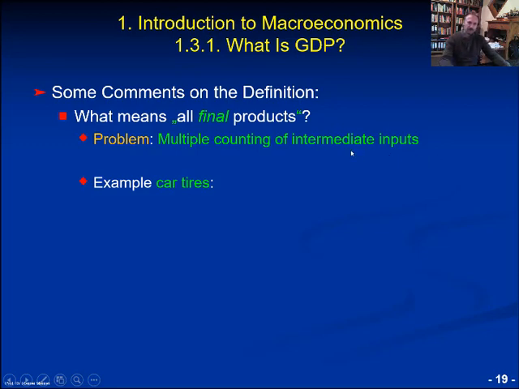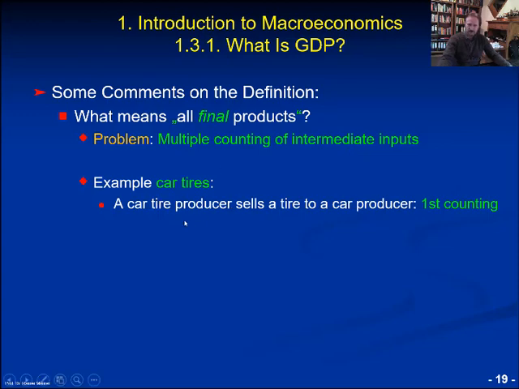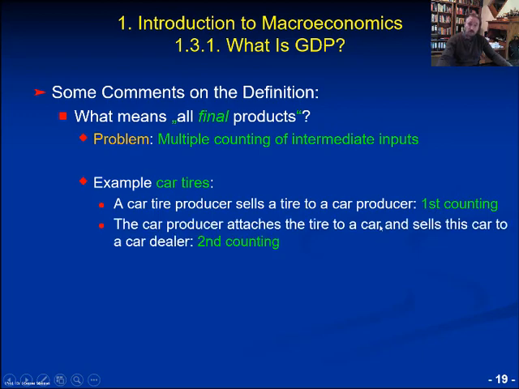To make a simple example, let's assume the production of car tires. So car tires are produced by a car tire producer. Let's assume the car tire producer produces tires and sells these tires to a car producer. This would be a market transaction. If you would add up the sales of the car tire producer, we would count the value of these car tires for the first time. Now, the car producer typically attaches the tire to a car and then sells this car to a car dealer.